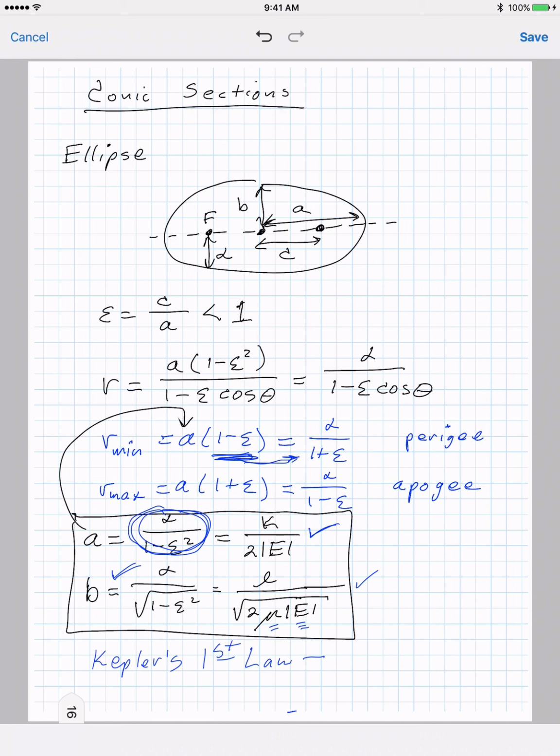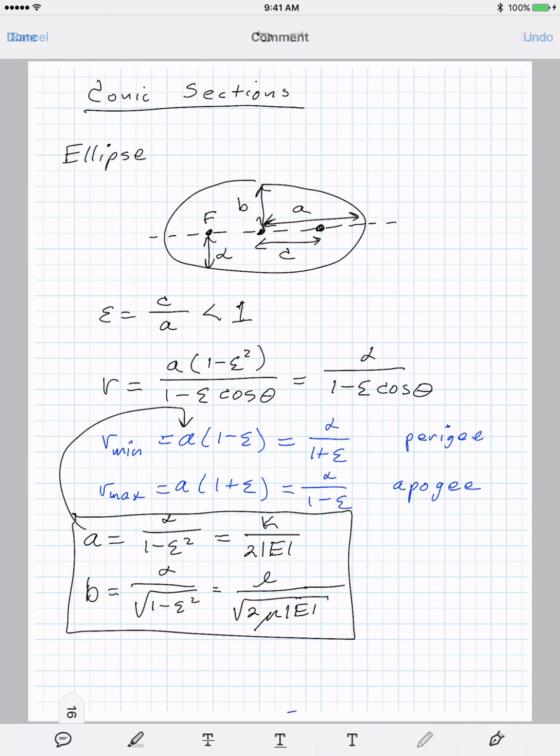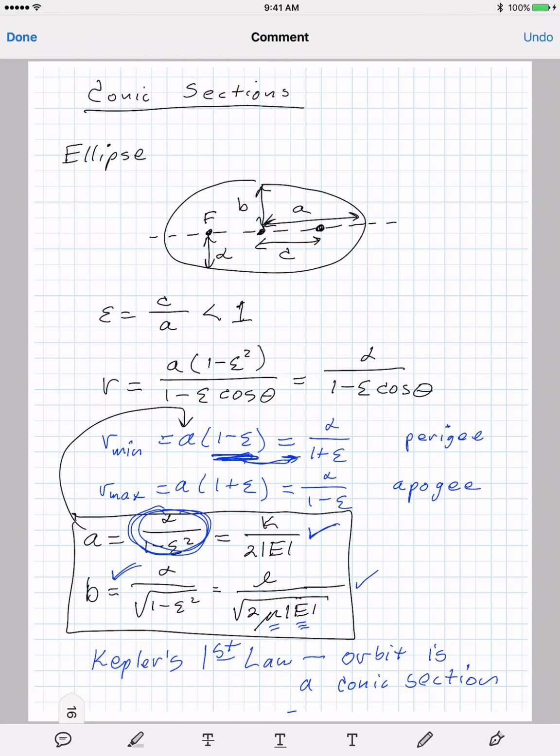So Kepler's first law is basically that the orbit is a conic section. Okay, so we've now demonstrated Kepler's first law, that gravitational orbits are conic sections.